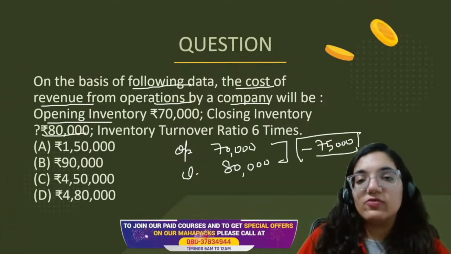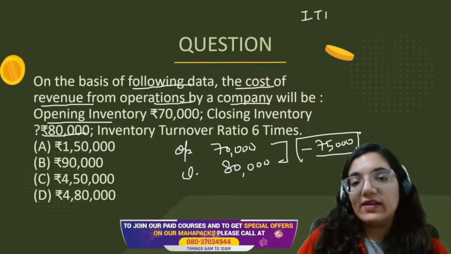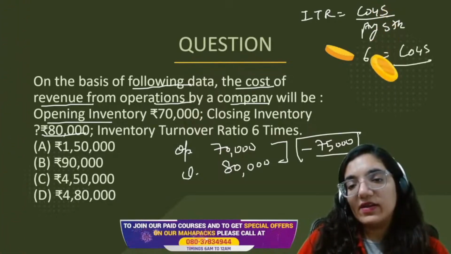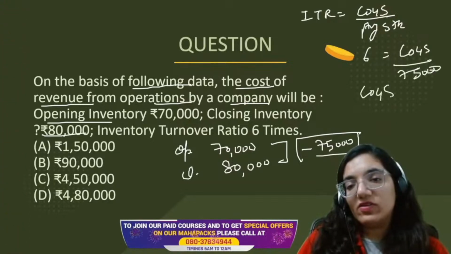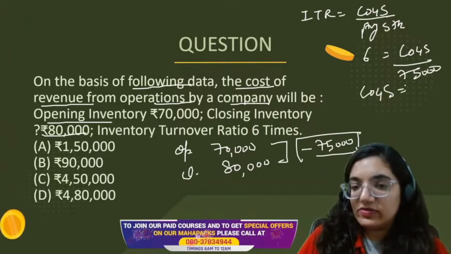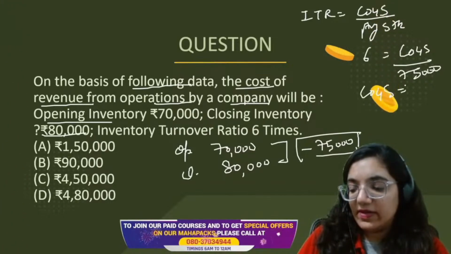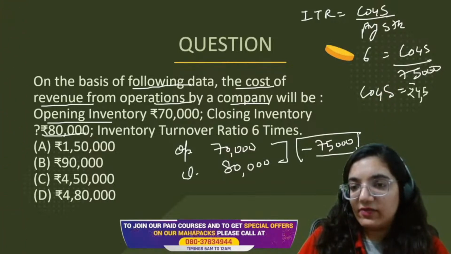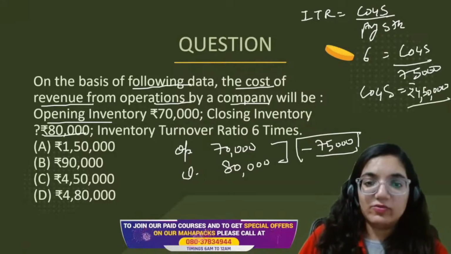So now if I use the formula, ITR is equal to COGS divided by average stock. This is 6 is equal to COGS divided by 75,000. That gives me COGS is equal to 75,000 multiplied by 6. It gives me rupees 4,50,000. Done everyone. So this would be the answer.